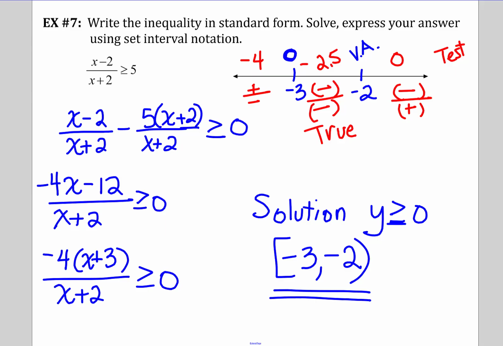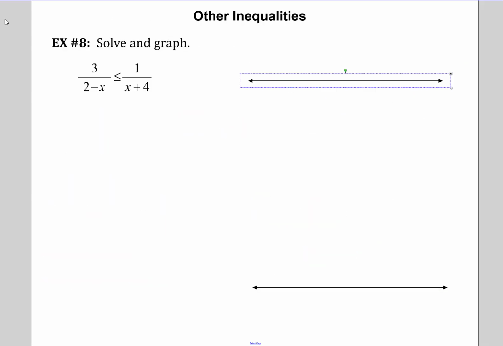So that one's a little more complicated. And this one even more. This time they want us to give the solution in set notation and give a graph for it. So in the same way, I want to move this term to the left and multiply by my least common denominator.